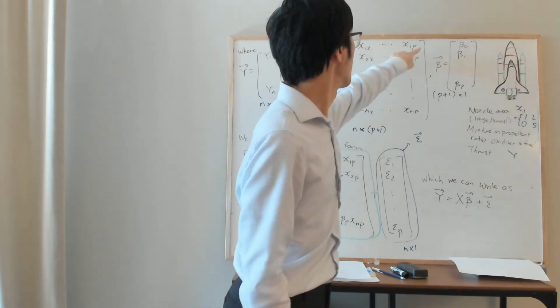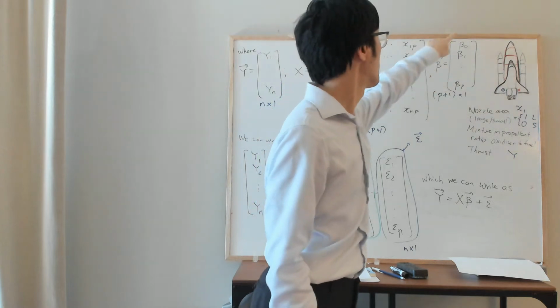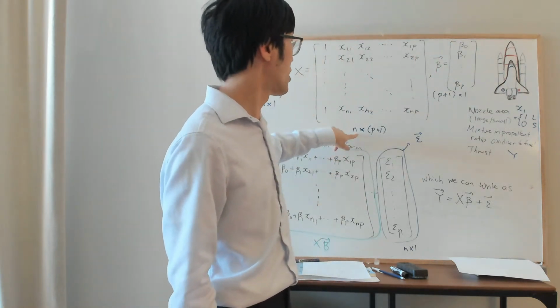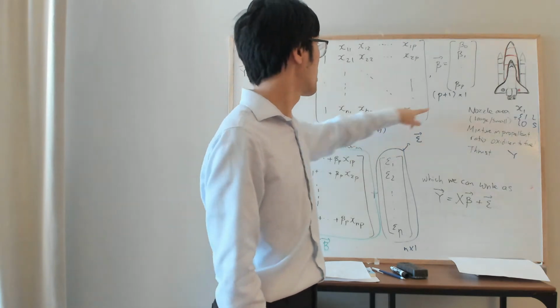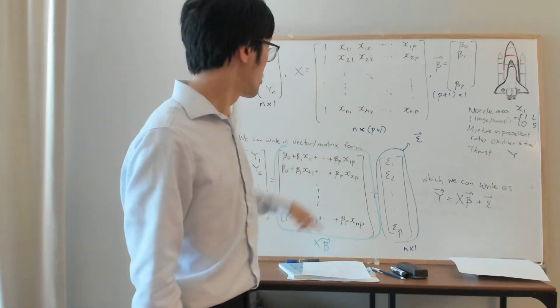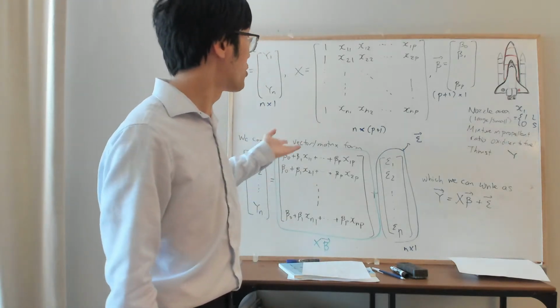First, notice that the dimensions match up. It's n by p plus 1, multiplied by p plus 1 by 1, and you end up with an n by 1 vector.